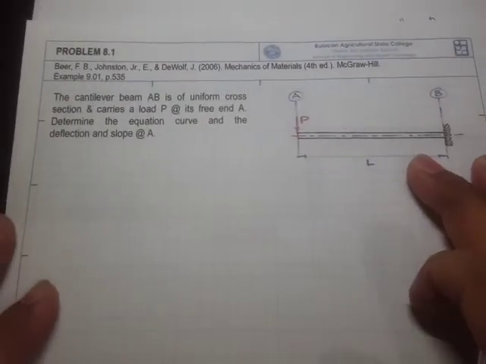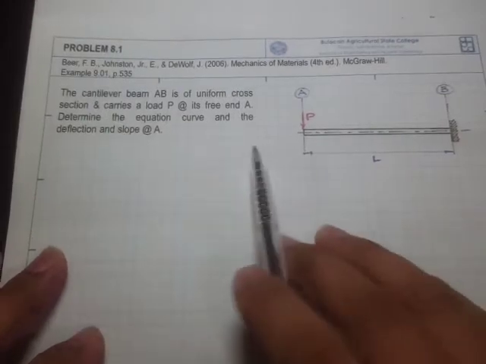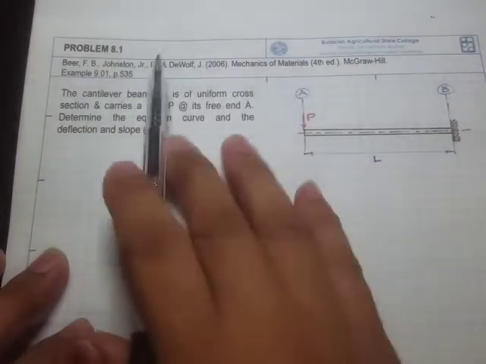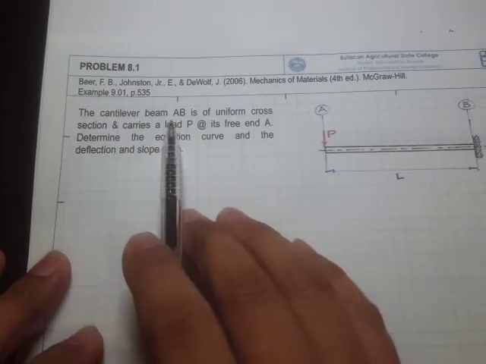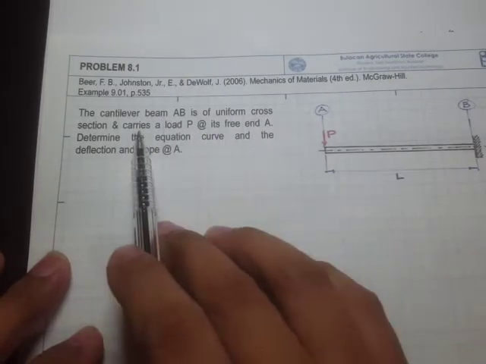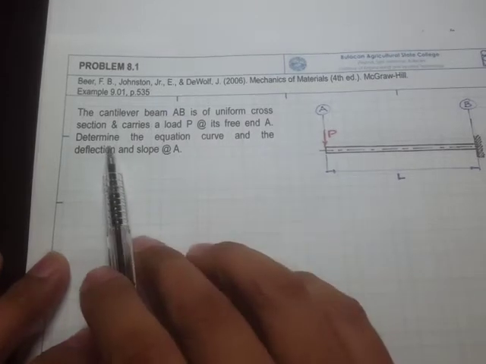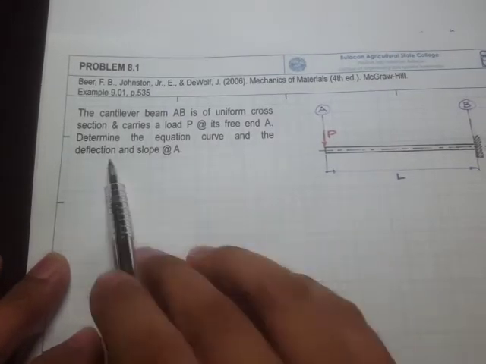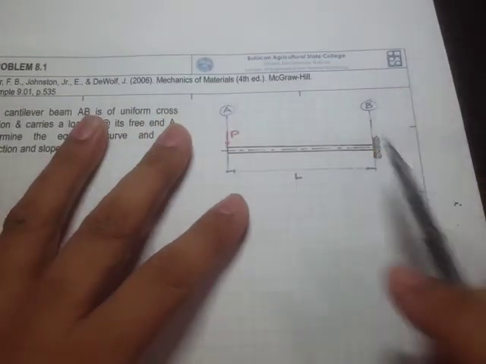For the first sample problem, we have this taken from the textbook by Beer and Johnston et al. It says here: a cantilever beam AB is of uniform cross-section and it carries a load P at its free end A. Determine the equation of the elastic curve and the deflection and slope at A. So here's the beam situation.